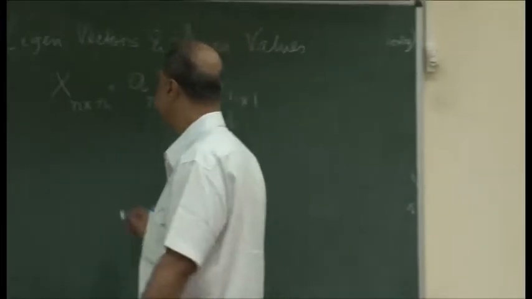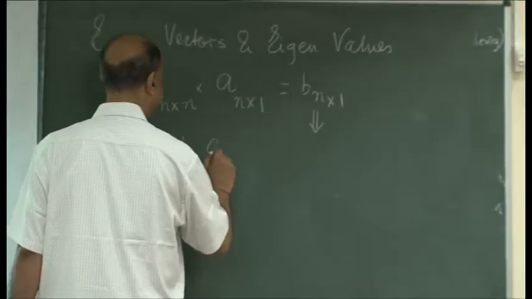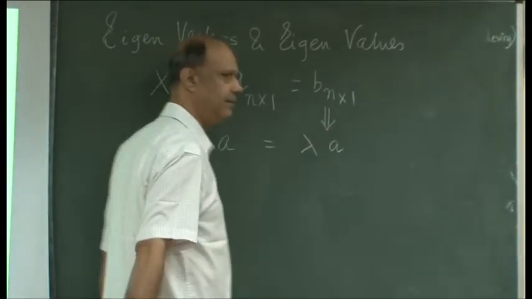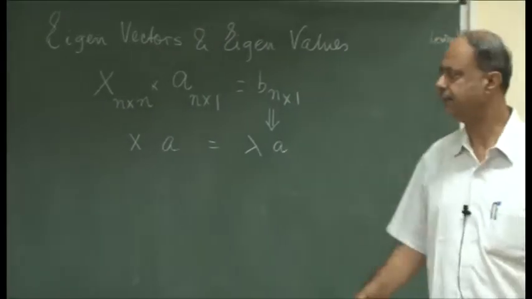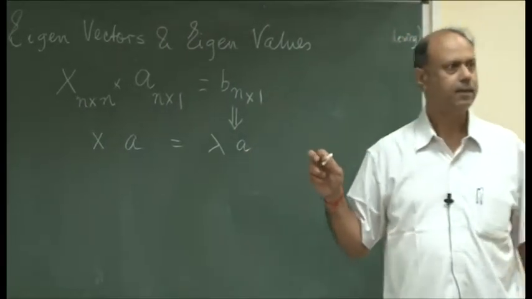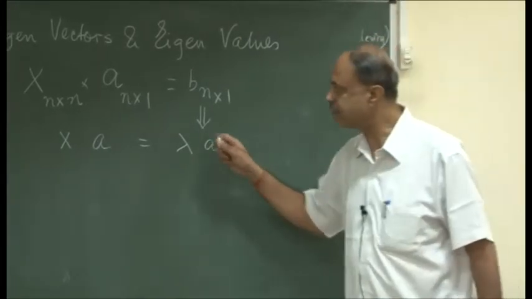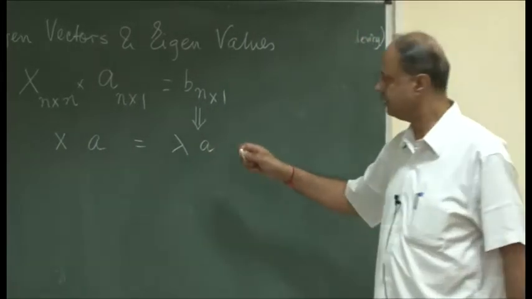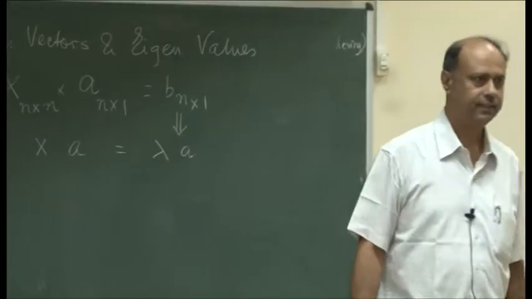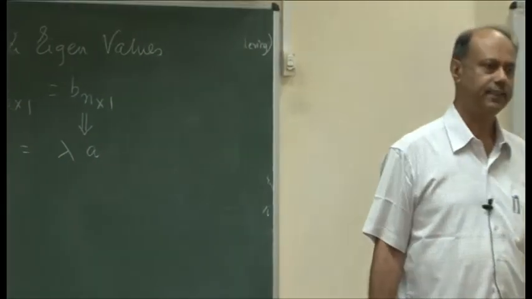So, that means X A can be expressed as lambda A. Then you can tell these two vectors are parallel. And if you can express this with lambda as some real number, then this A is known as an eigenvector.